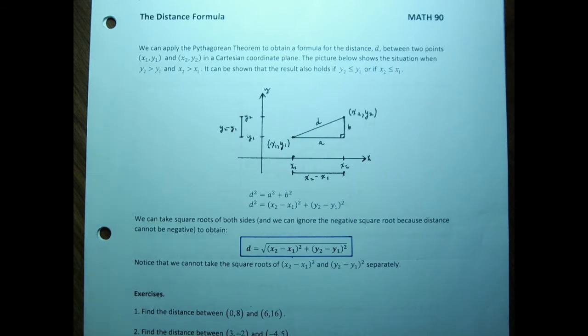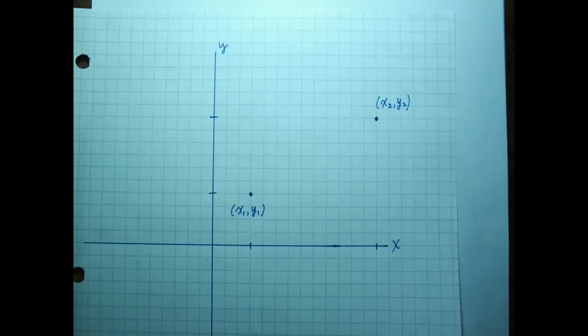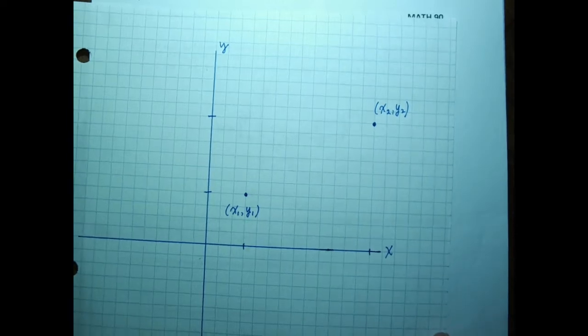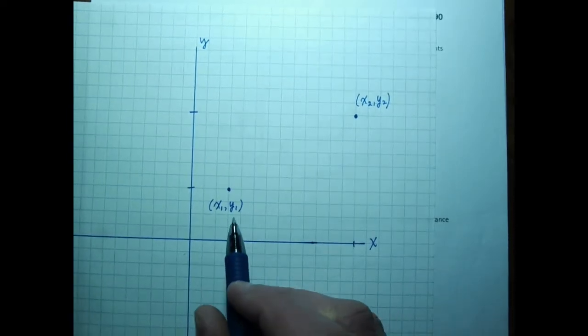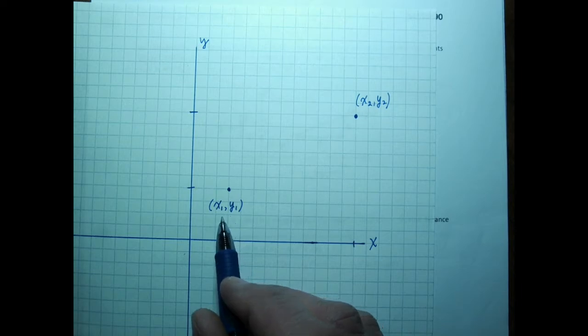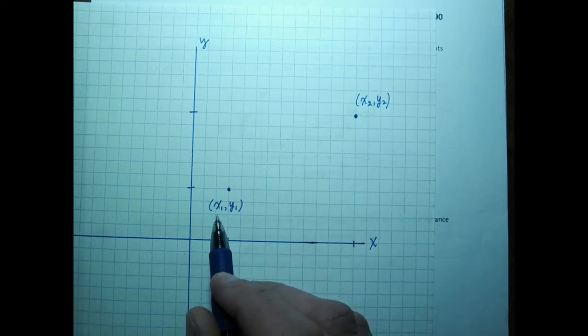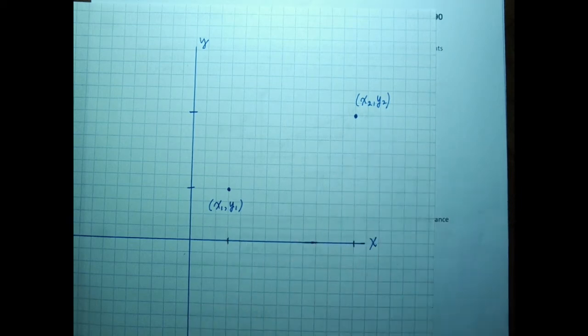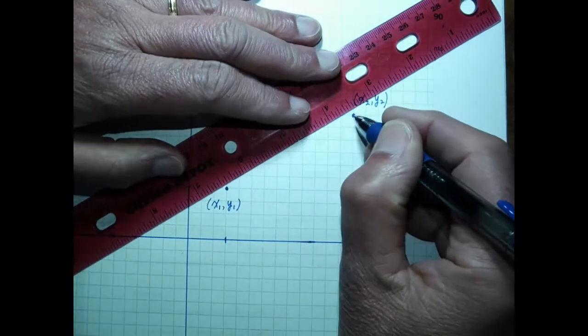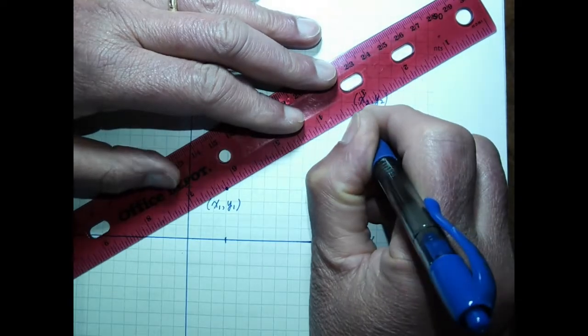And before we get to the handout problems, I just want to talk a little bit about where the distance formula comes from. So suppose we have 2 points in the XY plane that I labeled x1, y1 and x2, y2. So I labeled the x and y coordinates of each of those 2 points. And suppose we want to figure out how far those points are apart from each other.